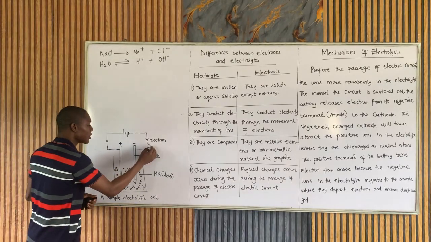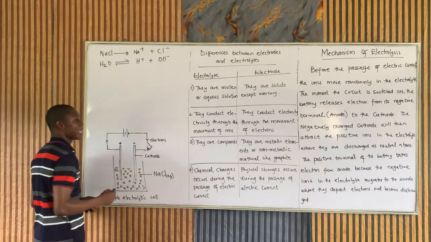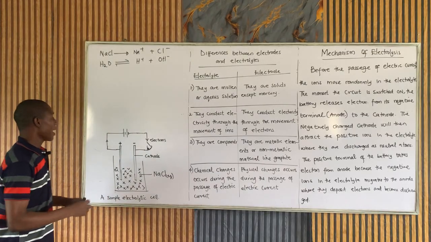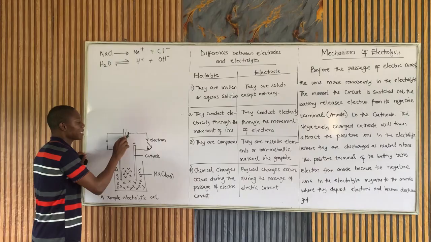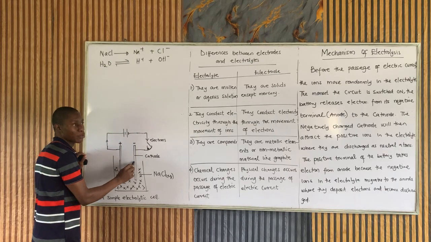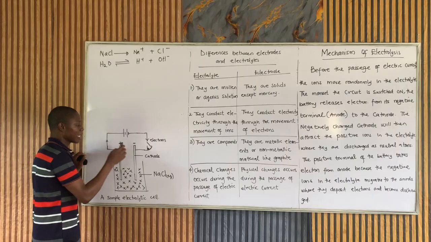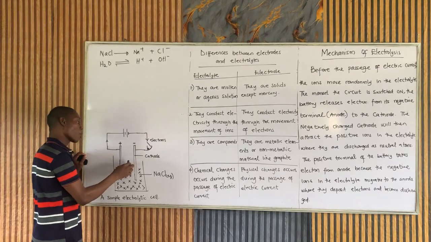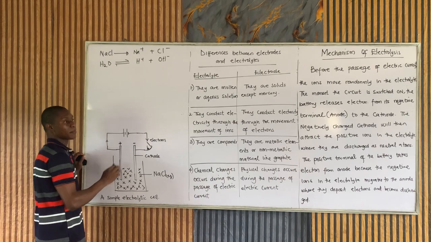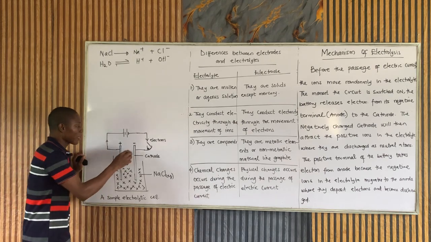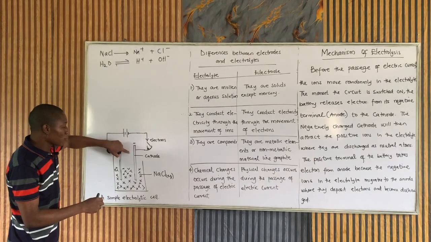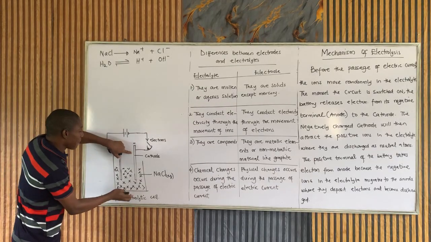The moment this switch is completed, the circuit is on, electrons will flow from the negative terminal of the cell into this electrode, which is the cathode. As a result, this electrode will be negative with respect to this, which is positive. Since electrons are here, they will attract positive ions.